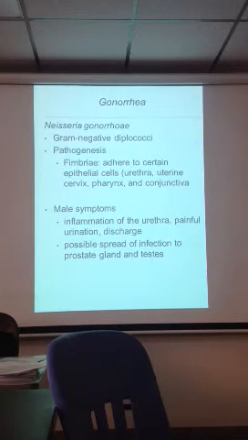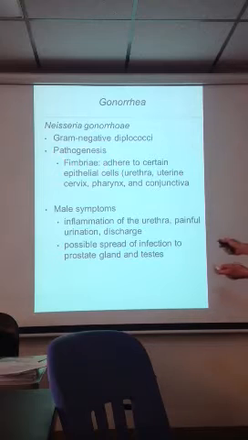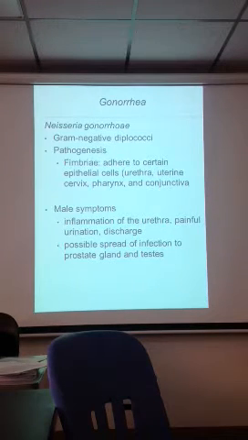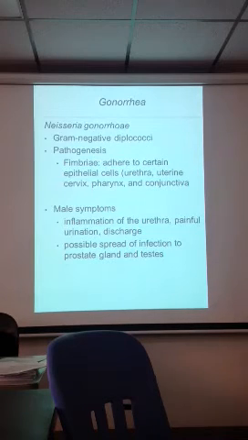So let me go through this. The way it infects is that it needs to get into the genitals. So it has fimbriae, which allows it to attach. This is how it gets into the urethra, and then it spreads from there. Something else, these bacteria like moist surfaces.